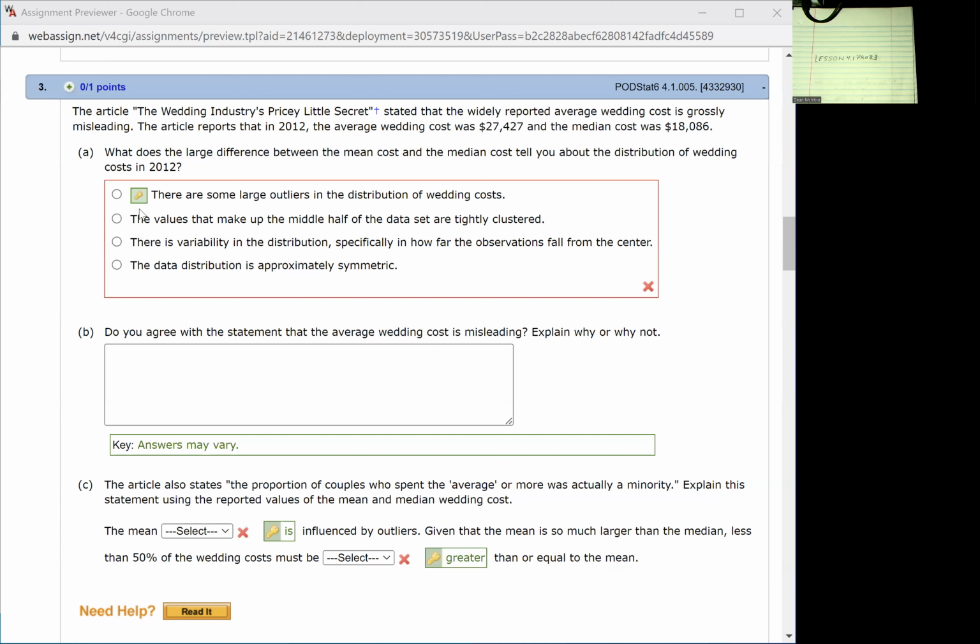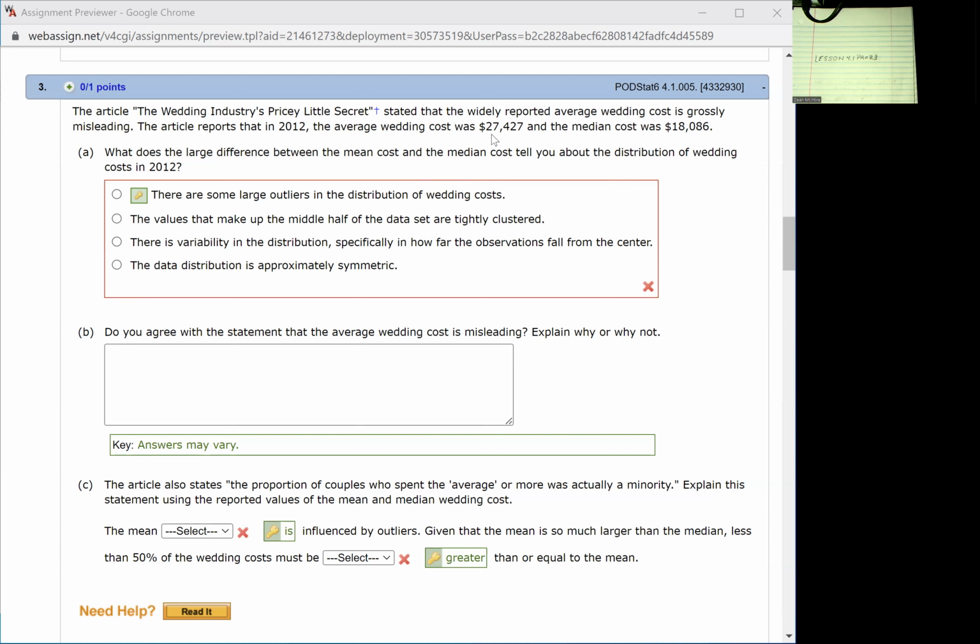Now, that's fairly straightforward. Do you agree that the statement that the average wedding cost is misleading? Explain why or why not. I think that it is misleading because it's very difficult to establish a cost of a wedding because there are so many variables involved.